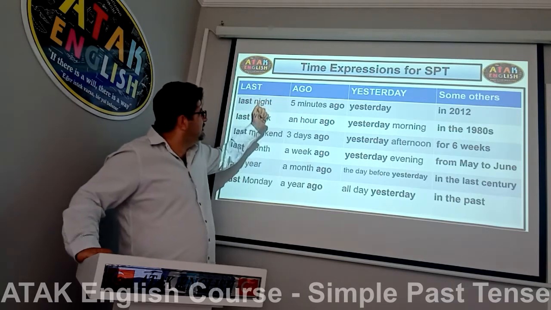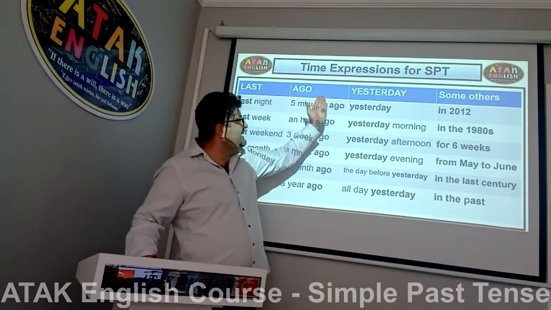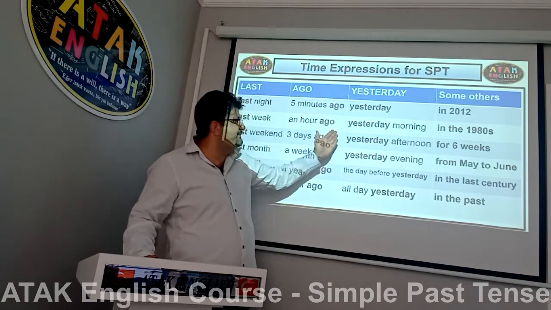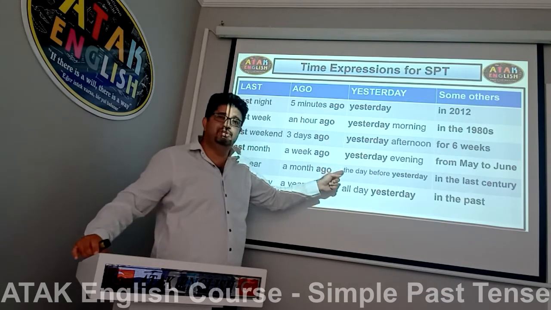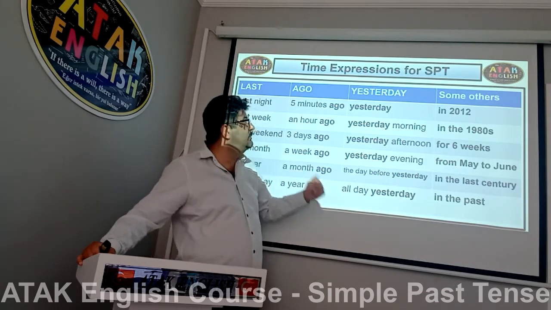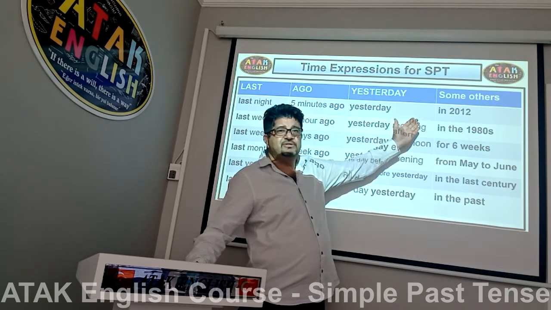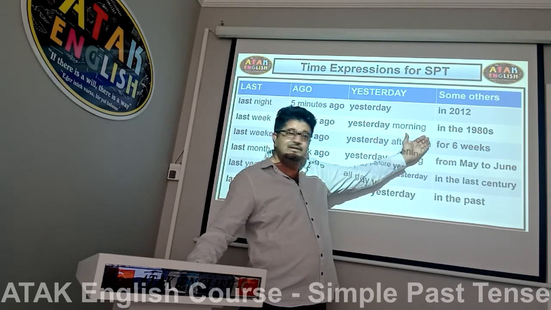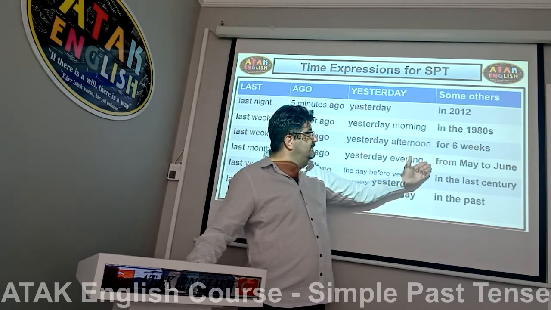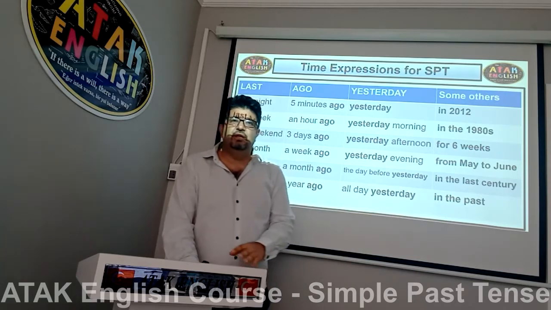Ago: 5 minutes ago, an hour ago, 3 days ago. Yesterday morning, yesterday afternoon, yesterday evening, the day before yesterday, which means 2 days ago. And some others, like in 2012, in the 1980s, from May to June, in the last century, and in the past.